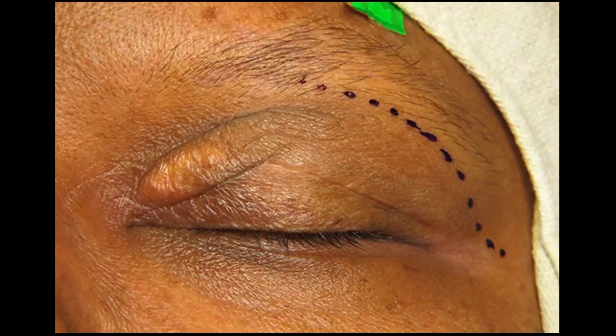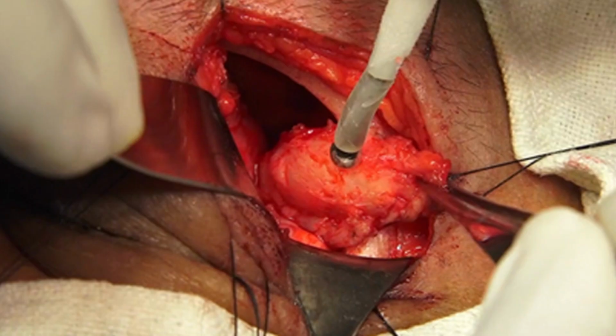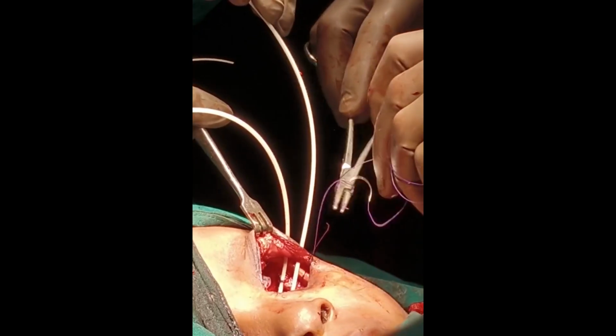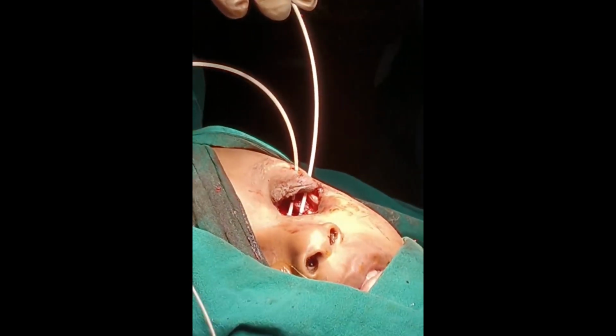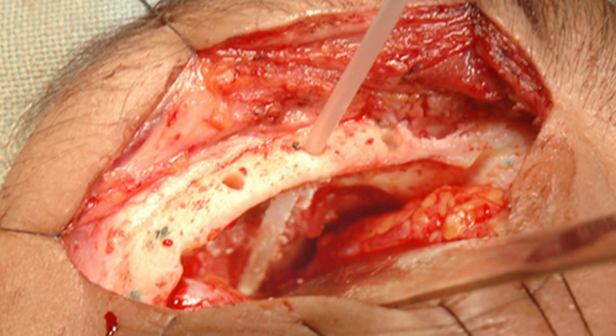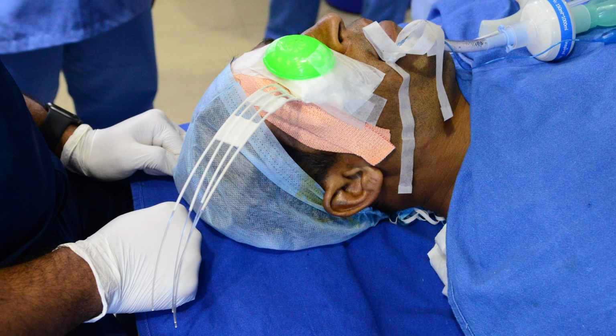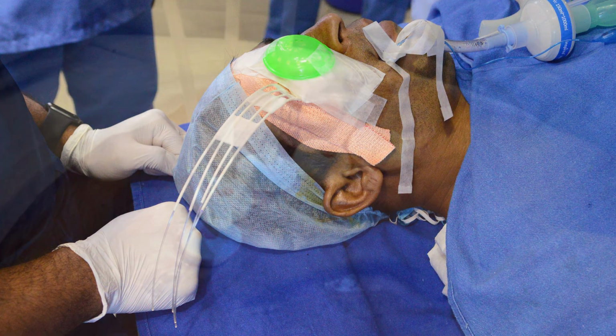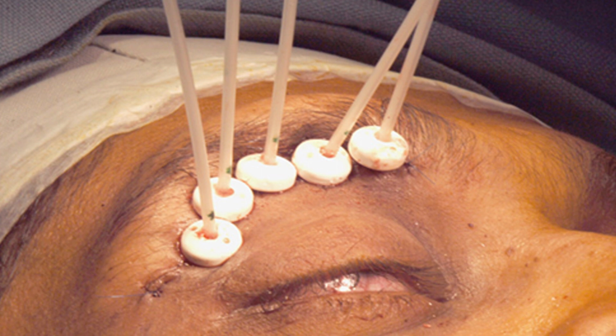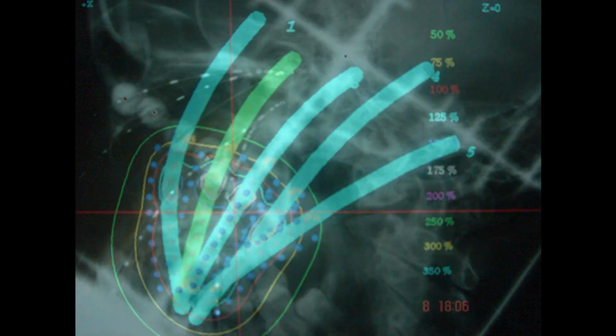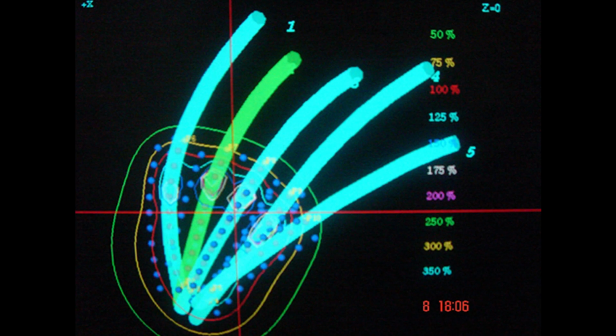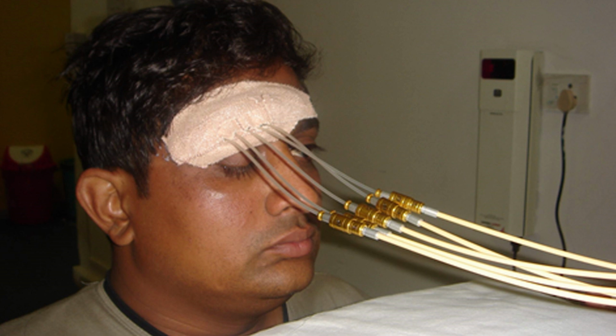Interstitial brachytherapy. In this procedure, after debulking or excising the tumor, hollow tubes are inserted in a particular pattern and very well distanced from each other into the residual tumor bed. Closure is then done with tubes in situ. As per the radiation planning, at the time of delivery of radiation, the radioactive source travels through the hollow tubes and delivers radiation directly to the tumor bed.